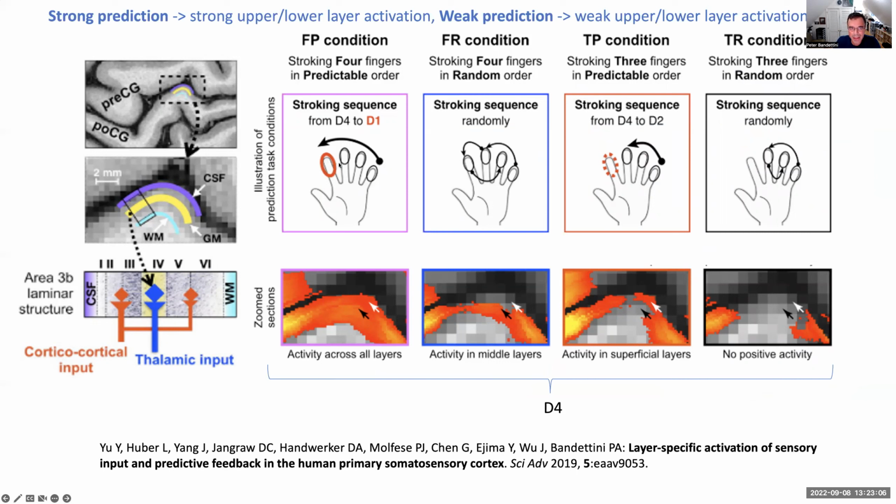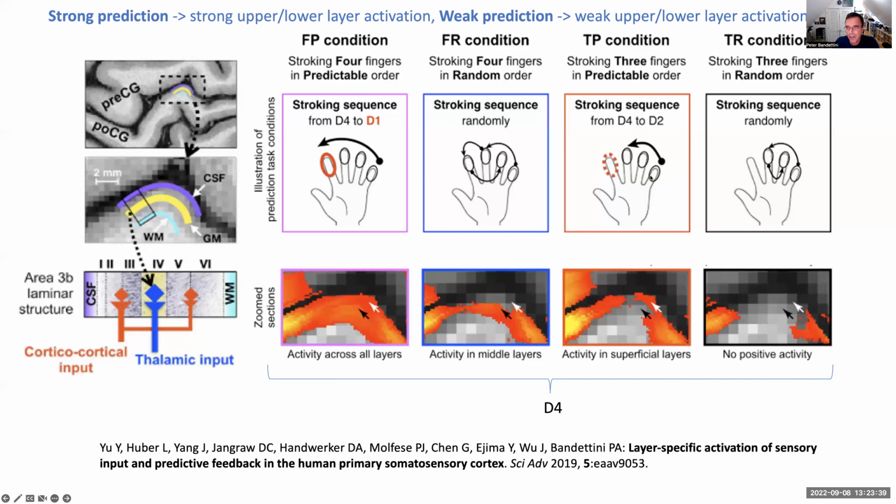So when you expect the index finger to be stimulated, it turns out that in D1, it shows upper, middle, and lower activation when it's actually stimulated and you're expected to be stimulated. If you're doing it randomly, then you still get the input from the thalamus, but you get no upper and lower cortex activation.